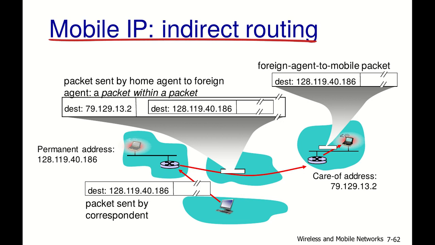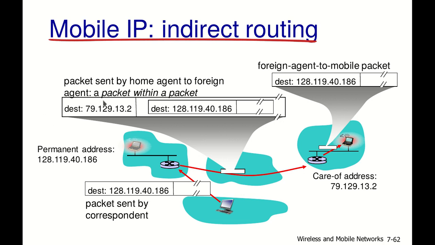Okay, so for indirect routing in mobile IP, as we already discussed before, the correspondent will first send the packet using the permanent address of the mobile agent. This packet is intercepted by the home agent, and the home agent will check the current location of this mobile agent. So it knows that it is now located at the foreign network with this care of address.